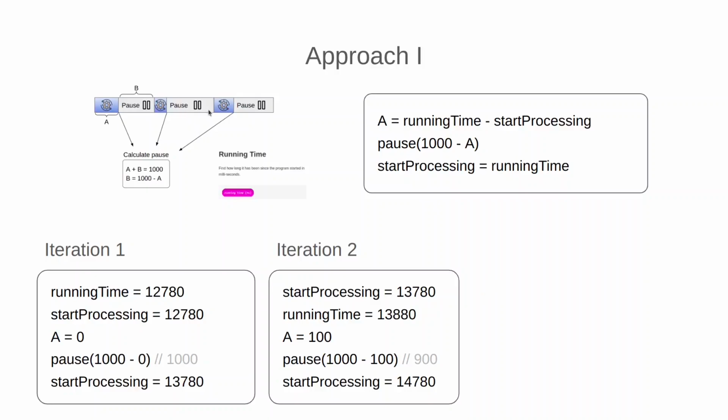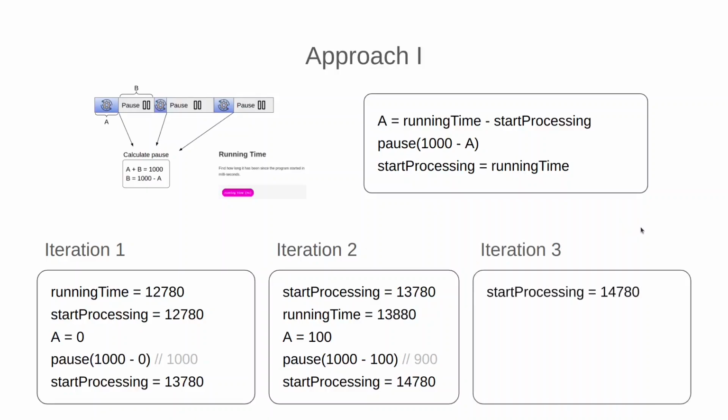After that pause expires, start processing is equal to 14,780, because we had 900 and if we add these 900 to this running time, this is what we get for this point here. If we go to iteration 3, let's say this is our new running time, the difference is 140.